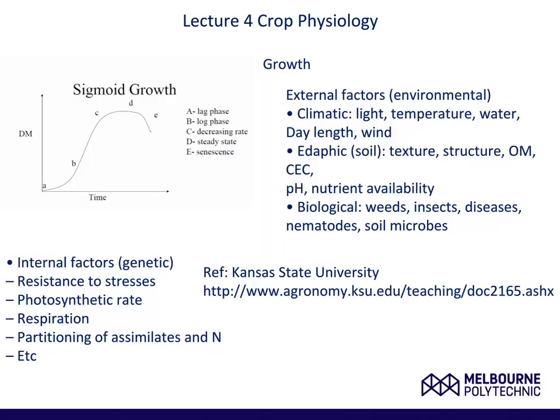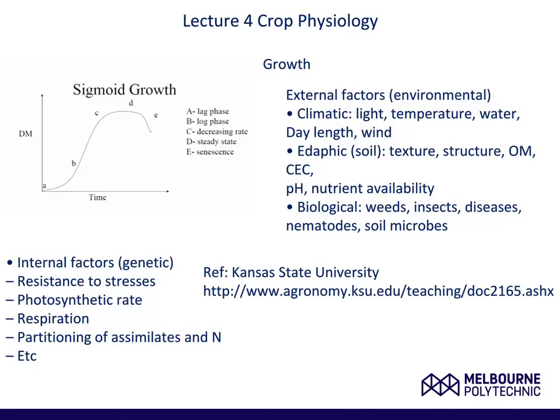There are many factors which can change the shape and the relationship of plant growth. You have external factors such as the climate, light, temperature or water, day length or wind. Then you have edaphic factors such as the soil, for example the soil texture or the structure, or the OM or CEC. We will learn about these in the soil lecture later on in this subject.